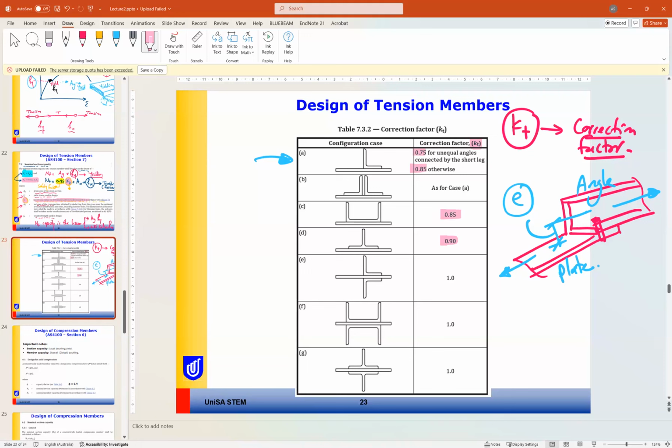If you have two channels, the eccentricity will be 0, so it is 1. If you have two T's connected to a blade, it is 1. If you have two equal angles connected to a blade, it is 1. These are examples of KT based on the configuration of the element you are designing.